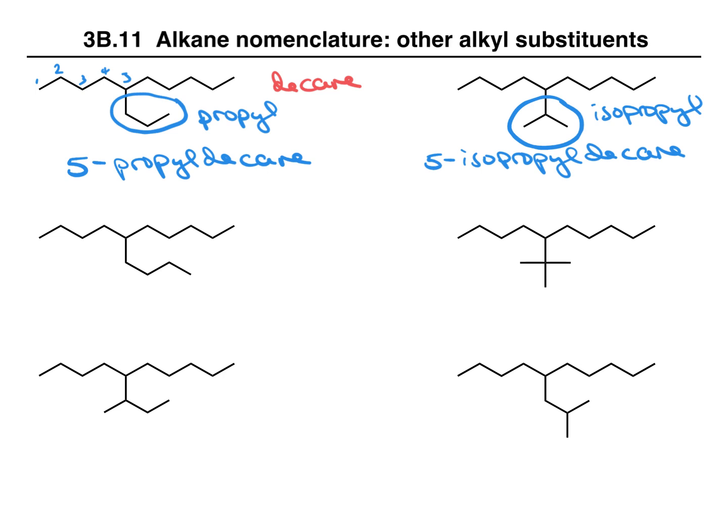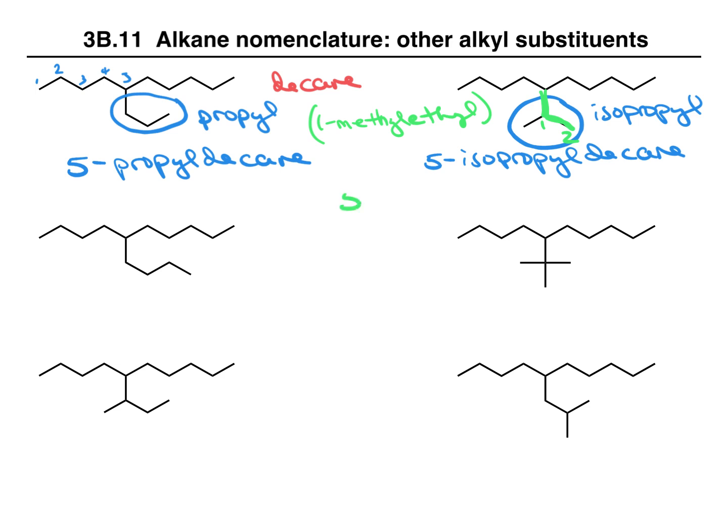Alternatively, we can go with a completely IUPAC name, and in that case, we would name this as an ethyl branch, and then here's carbon 1, carbon 2. Off of carbon 1, we have a methyl. So this is a 1-methyl ethyl as a branch.